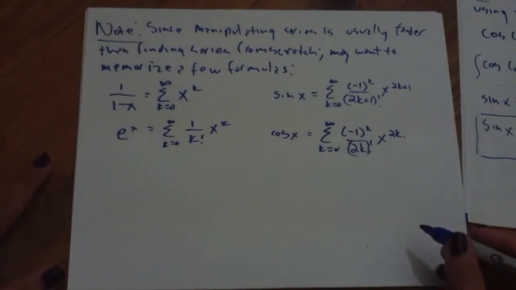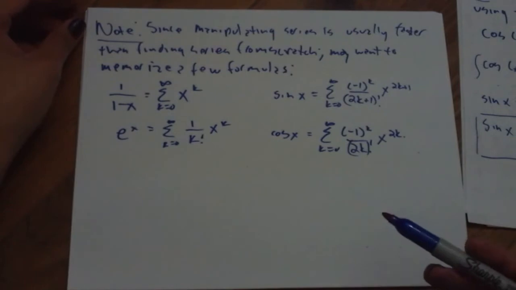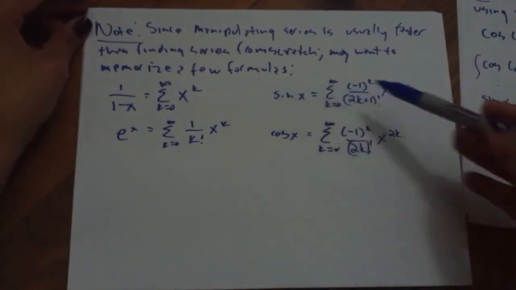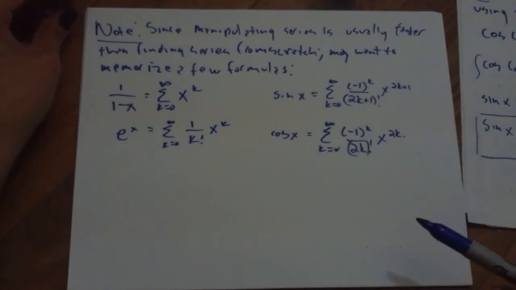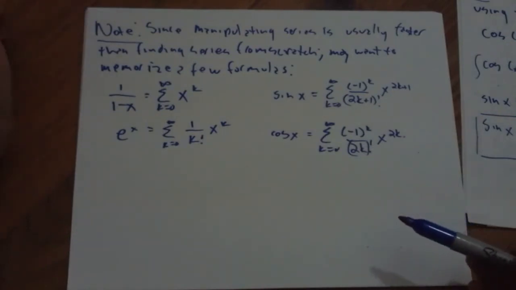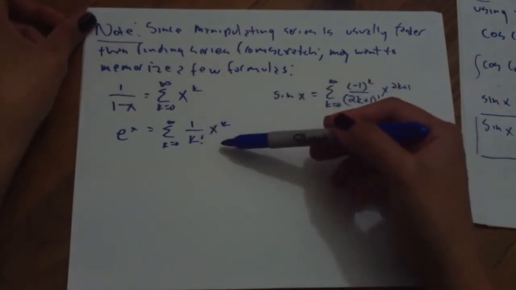Probably not going to need to memorize much more than this. Anything that you're going to manipulate is probably going to look like you manipulating one of these series. There's actually a chart at the end of section 9.3 that includes these 4 formulas that you can play around with.